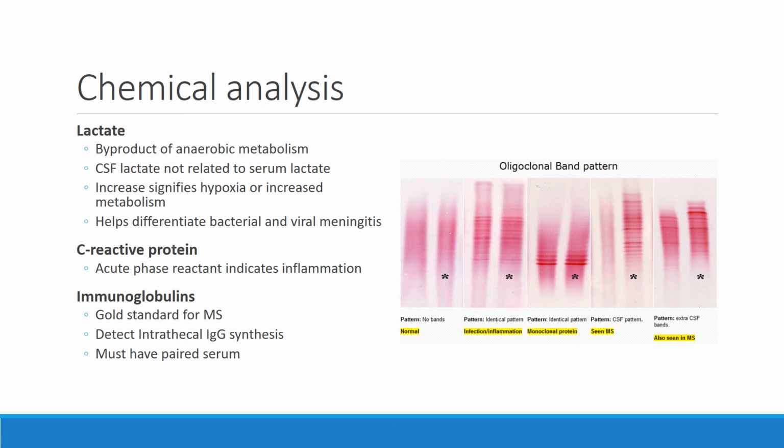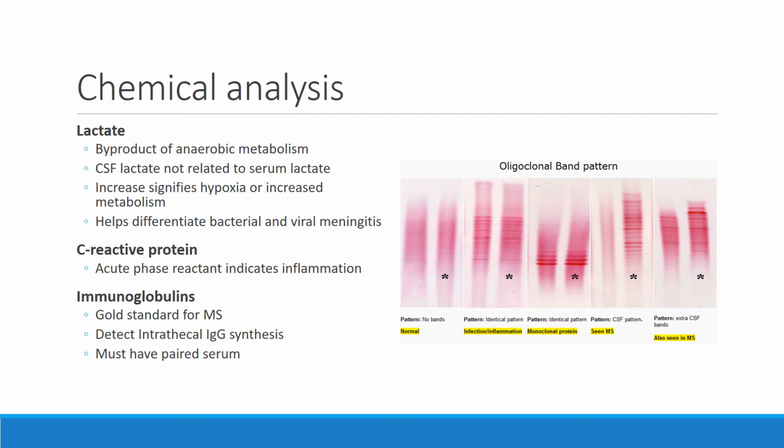So the levels are not related to serum lactate levels. You can't take a serum lactate level and compare it to your CSF lactate level. It's not the same. We would see increases in CSF lactate in the case of hypoxia of the brain, which is never normal. Hypoxia of the muscles happens when your muscles are overworked. It doesn't happen in the brain. So a little bit different.